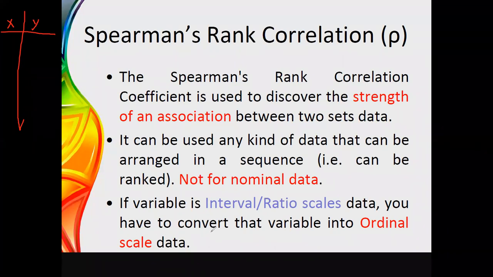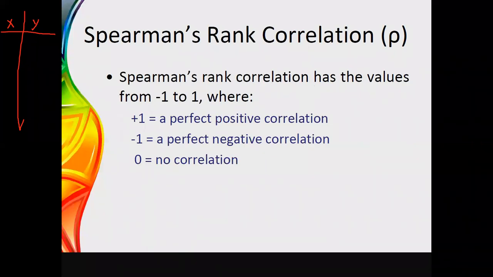After that, you can apply the Spearman's rank correlation, and you can see that the rho notation is used here to denote the Spearman's rank correlation. And once you calculate the Spearman's rank correlation, you can see that it lies in between -1 and +1.